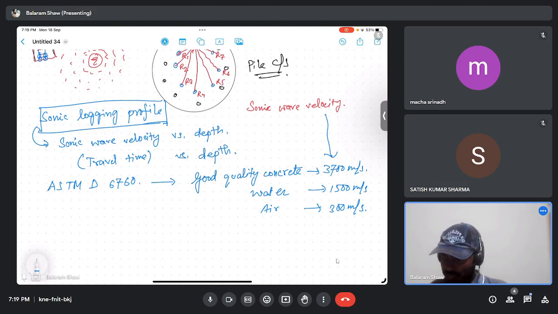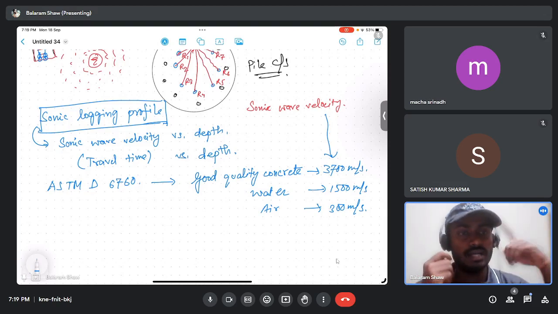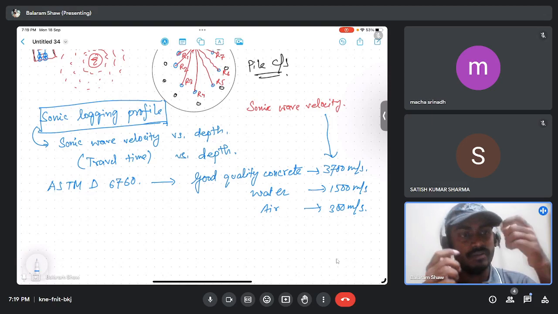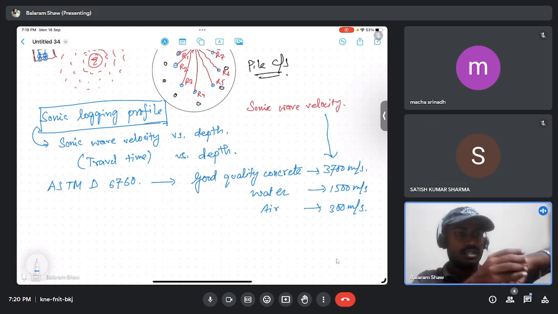What we do with the concrete, because we are putting PVC pipes in the concrete, is we should remember that the bond between the concrete and the PVC pipes should be strong enough along the periphery of the PVC pipes.